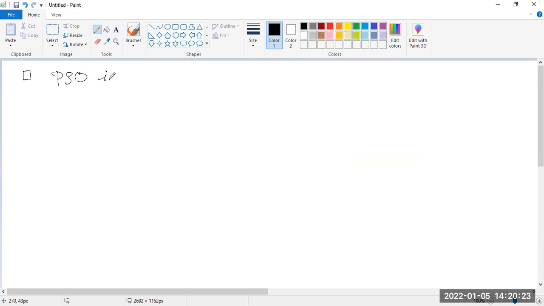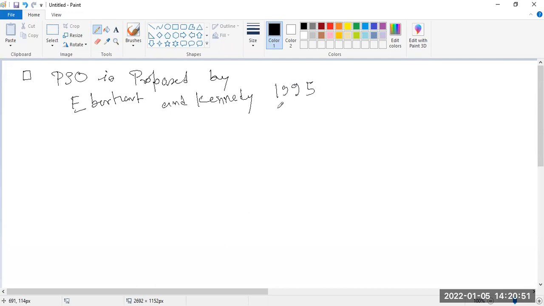PSO was proposed by the scientists Eberhart and Kennedy in 1995.